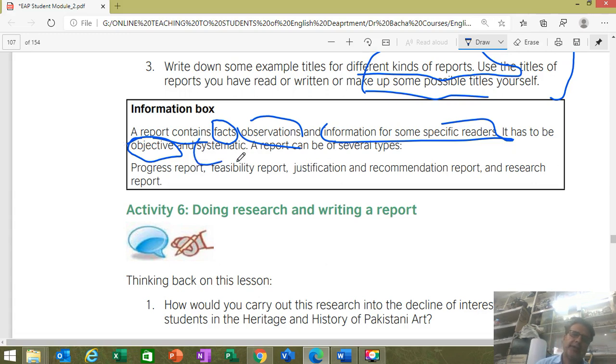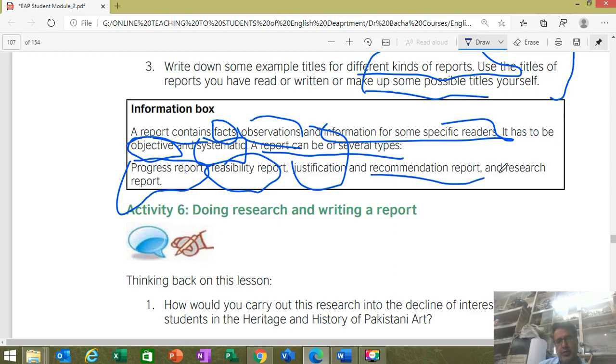And it should be systematic, not haphazard. It should have a proper beginning, a proper body, and a proper ending. Several types of report were discussed in the previous slides: progress report, feasibility report, justification and recommendation report, research report, etc. So you have to look at these things.